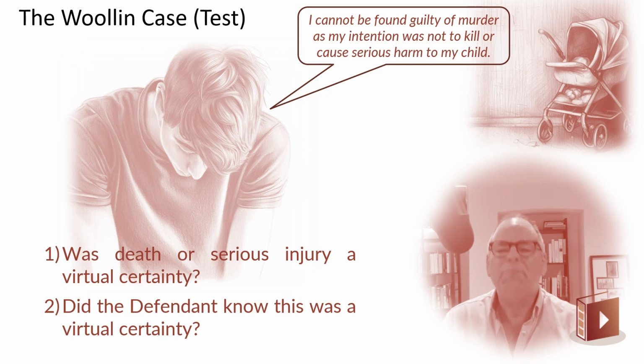So it's a way of making sure that defendants who tried to say, I had another intention, can still be found guilty of a more serious crime like murder. So if you go back to the building with the fraudulent claim for insurance, having people in the building and setting fire to it, death or serious injury was a virtual certainty. And the defendant must have been aware that this was a virtual certainty.